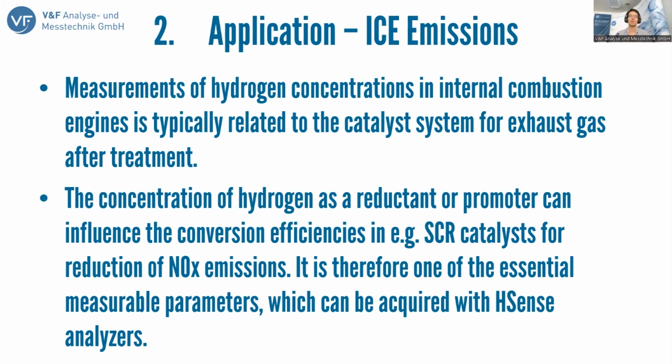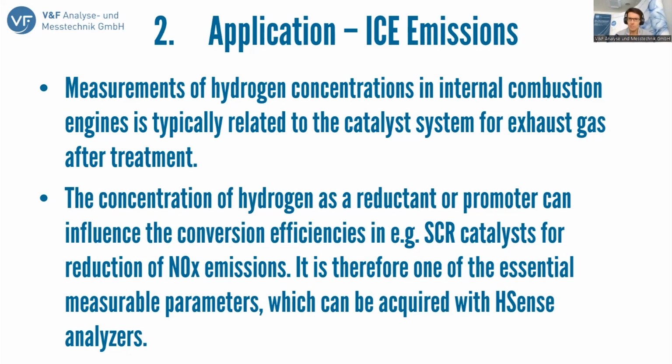So why would you want to measure hydrogen in internal combustion engines? Historically, this was linked to the operation of catalyst systems, which are used for aftertreatment of the exhaust gases. Since hydrogen usually acts as a reductant or even a promoter for some reactions, it was interesting for the people developing catalysts to know the exact concentration of hydrogen currently running through their experiment, usually also at different measurement points.